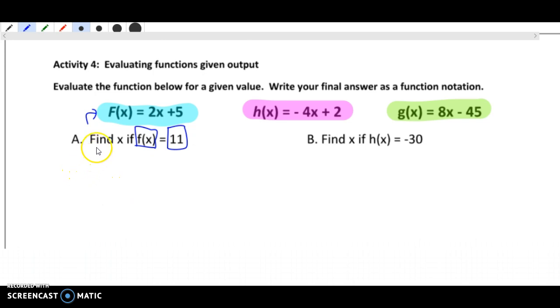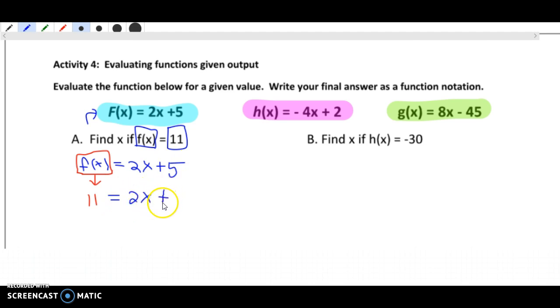So let's do that right now. I'm going to rewrite the function first. So here's my function. f of x is equal to 2x plus 5. And I'm going to replace the f of x with 11, and I'm going to keep the right side of the equation the same.